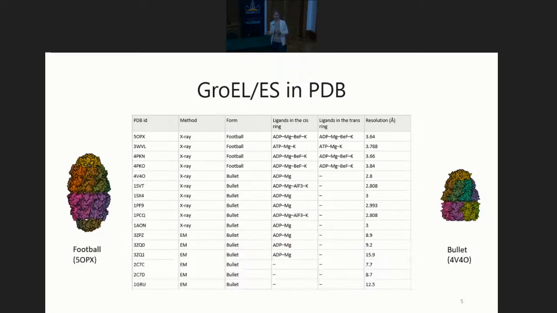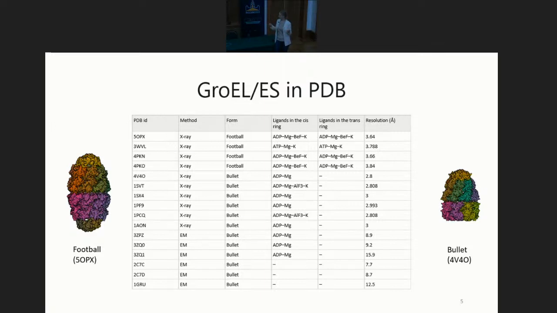I was sure that at this time, and it was 2019, 2020, there must be high-resolution cryo-EM structures of the GROES complex. But I was surprised that there were none of them. All of the high-resolution structures were obtained by X-ray. Here in the table, I summarize what we had at the beginning of 2020.